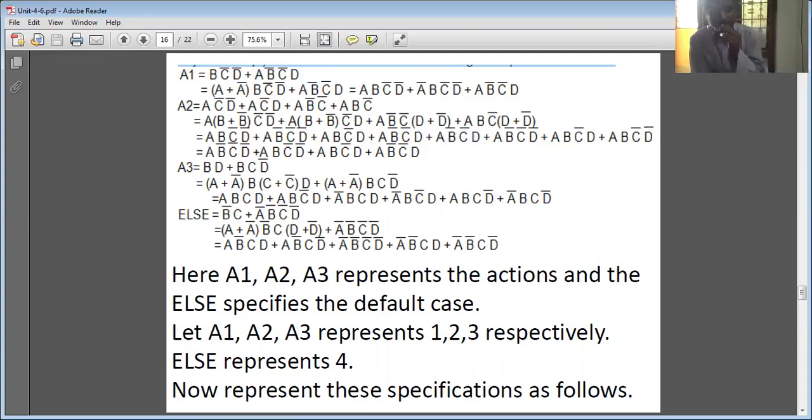Similarly, A3 is B D plus B C D bar, written in standard form. Else is B bar C plus A bar B bar C bar D bar, written in SOP form. Here A1, A2, A3 represent the actions, and else specifies the default case. A1, A2, A3 represent 1, 2, 3 respectively, and else represents 4.